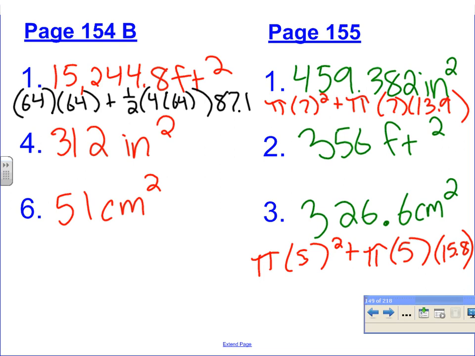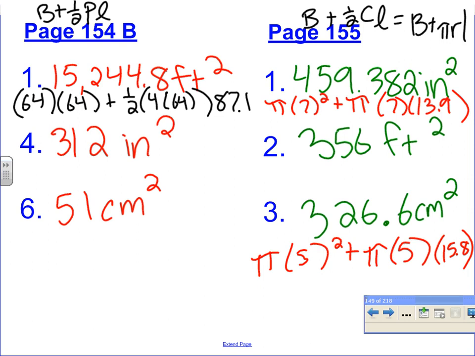So this one is B plus 1/2 PL. Well, these are technically the same. Okay, all right, so that's easy to fix. Just be careful, okay? Make sure you don't forget that 1/2 because, of course, it messes the whole thing up.